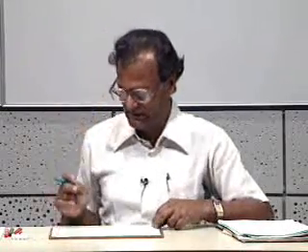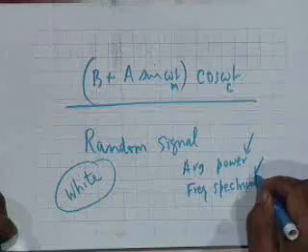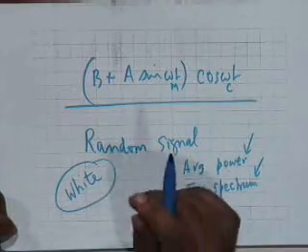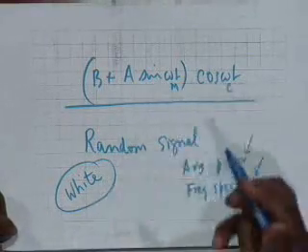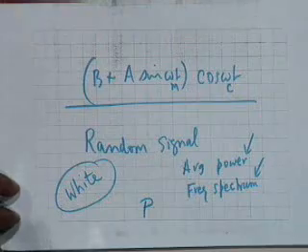So for a random signal, instantaneous values cannot be determined or predicted, and they are not important either. We cannot characterize a signal in terms of instantaneous value. What we characterize is in terms of average power, frequency spectrum, or even a statistical measure like probability.